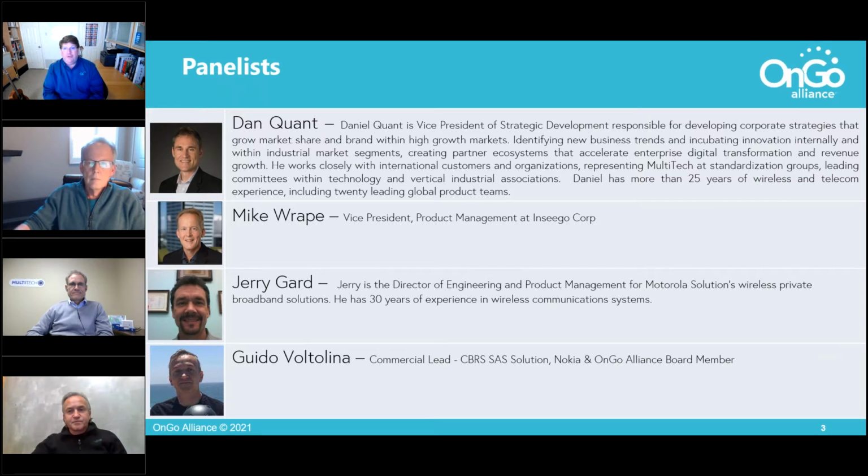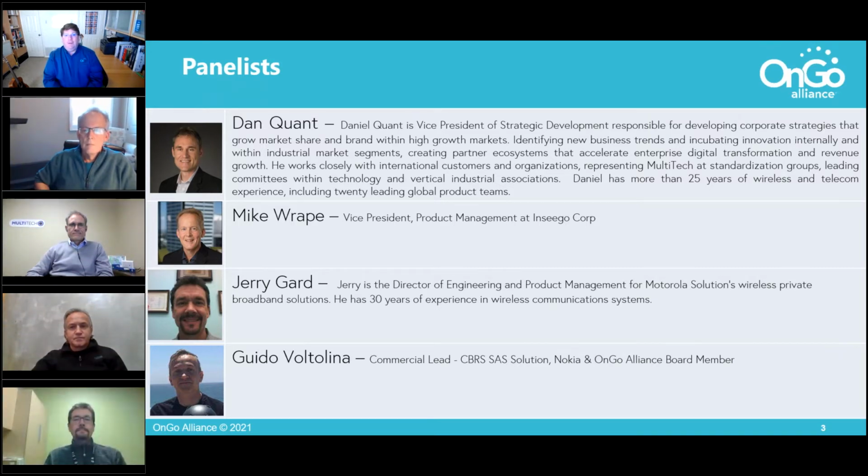I've had the good fortune of knowing Dan for, man, it's been 15 or maybe even 20 years now that we've crossed paths at various orgs along the way. His knowledge in wireless and telecom has really been something I've enjoyed having discussions with him. We also have Mike Rapp, Vice President of Product Management at Inseego. Mike is joining us to discuss Inseego's point of view and some insights there.